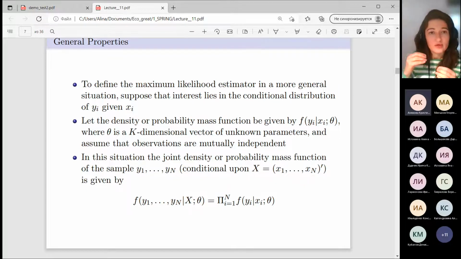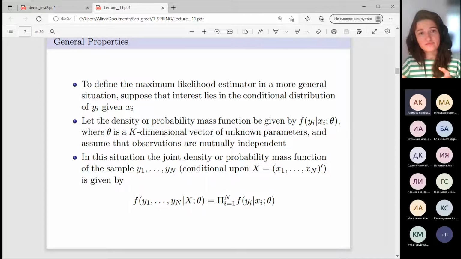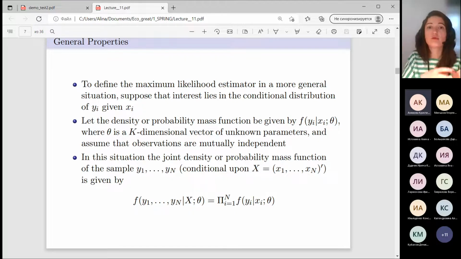In this case, we want to find the relationship between the probability that some event occurs, which means the probability that our dependent variable equals 1 or equals 0, yeah.